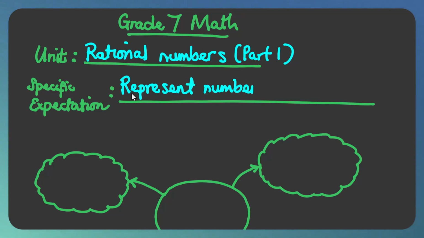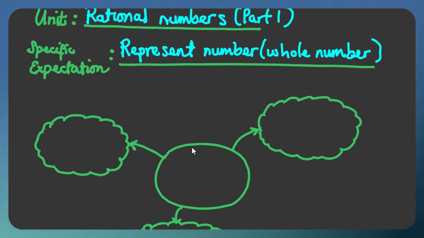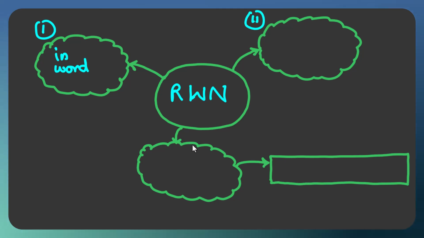Specifically for grade 7s, you'll be looking at whole numbers, and here are the three things that we are going to be addressing in this particular video. The first, when it comes to representing whole numbers, is how are we going to do this in words, and transforming it to the second one, which is numerical form.